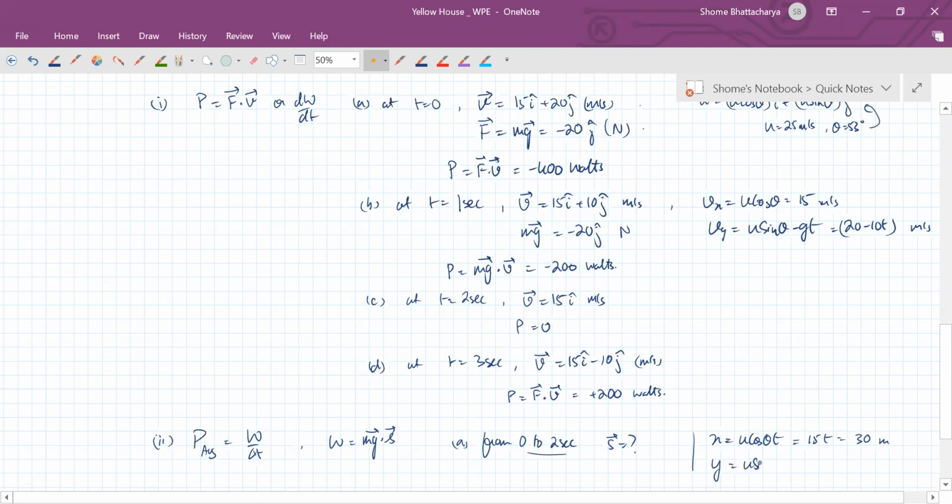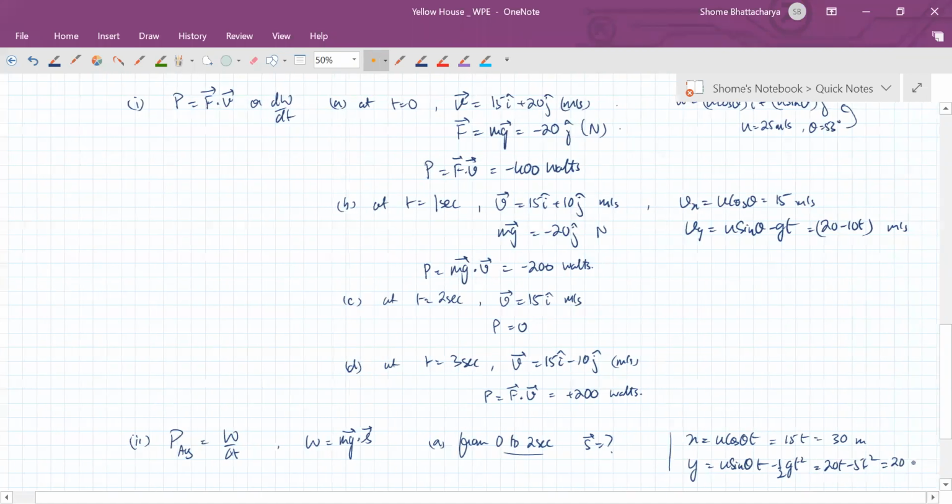Y is u sin theta t minus half gt square, which will be 20t minus 5t square, which for 2 seconds will become 20 meters.